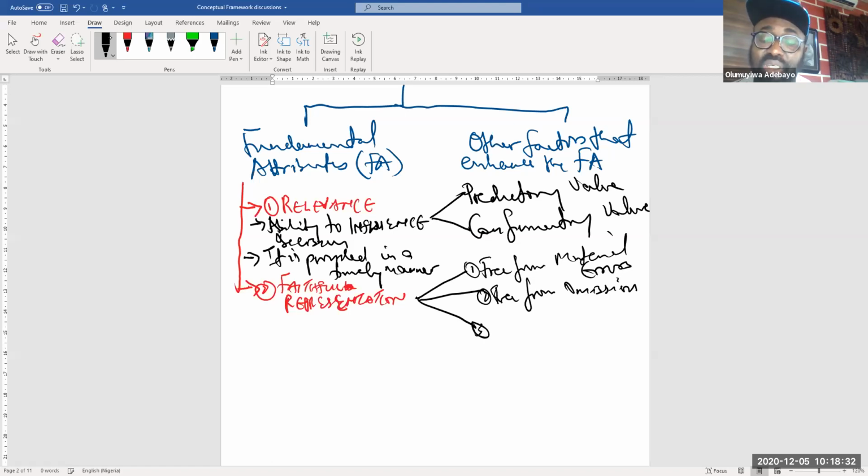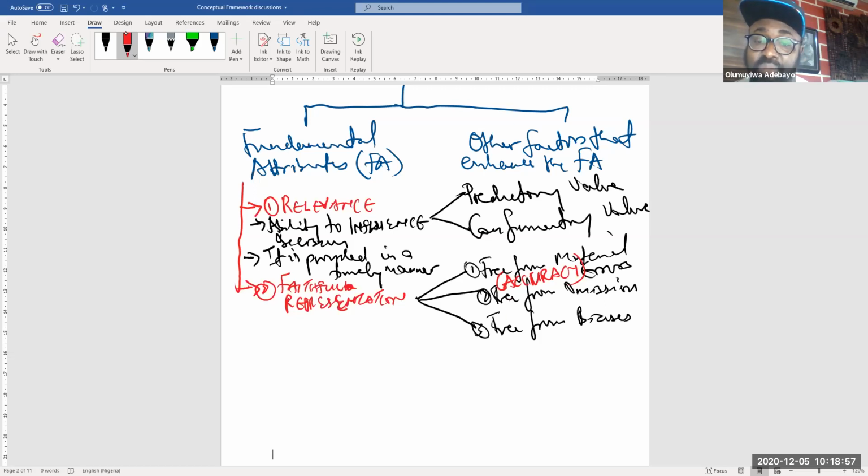And information that is free from biases, such information is considered to be neutral, which implies that information that is free from errors is considered to be information that depicts accuracy.